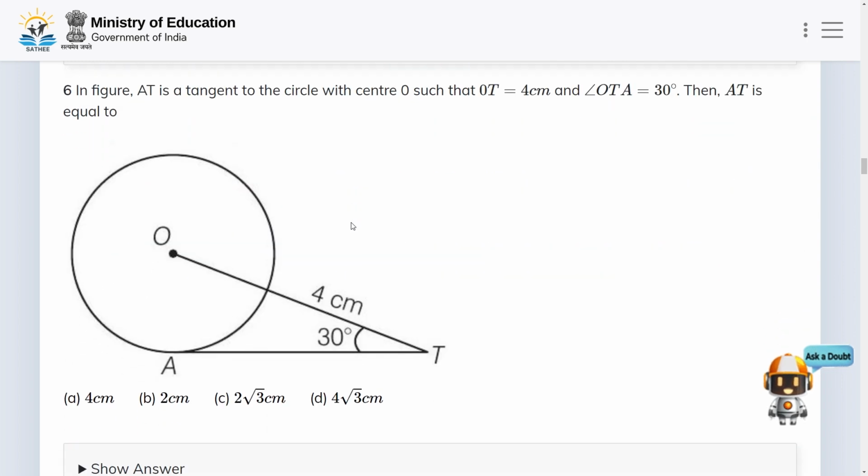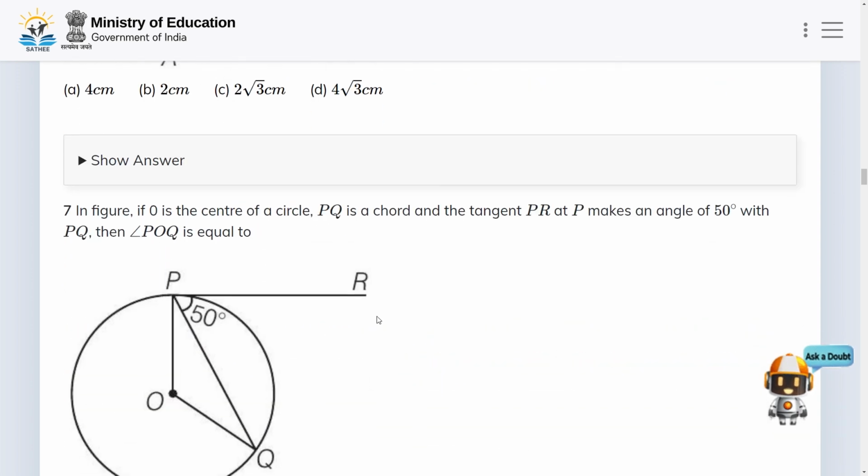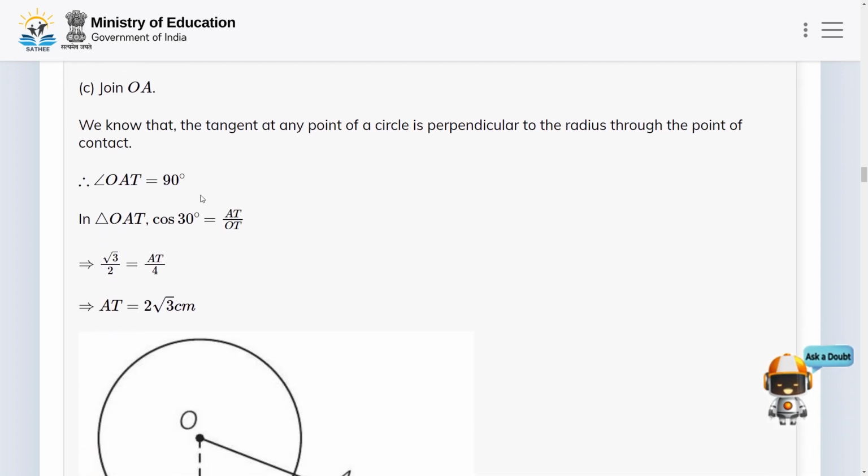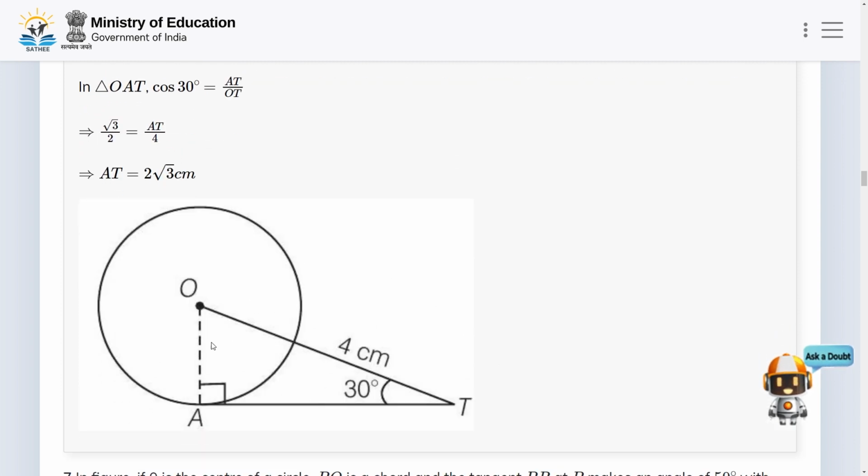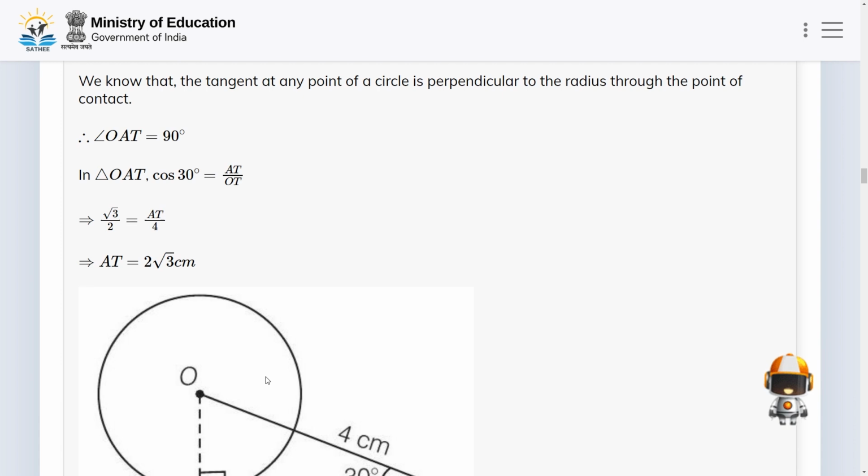In the next question, here we have this figure. AT is a tangent to the circle with center O such that OT is 4 centimeter and angle OTA is equal to 30 degree. Then AT is equal to what? So let us find. Join OA, and here OA is perpendicular to AT, so angle OAT is 90 degree.